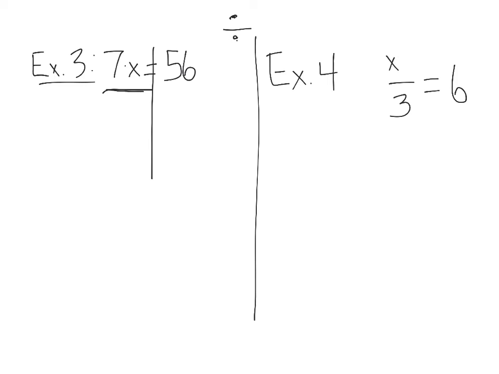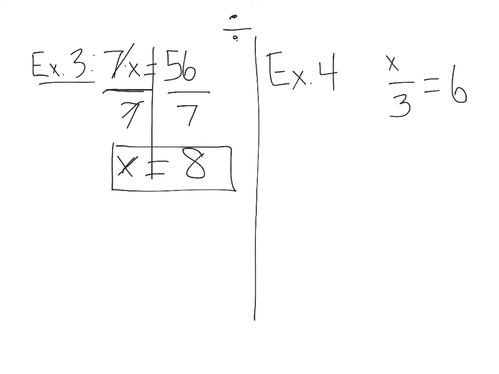But dividing 7, one way we can show that is by putting it over 7 on both sides. And that kind of means 7x divided by 7 and 56 divided by 7. Since multiply 7 and divide 7 are inverses, we're just left with x on the left. And then 56 divided by 7 makes 8. So we're left with x equals 8.